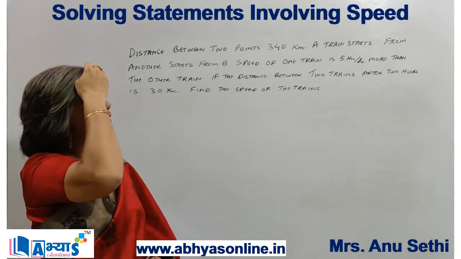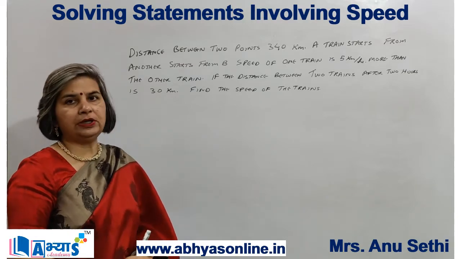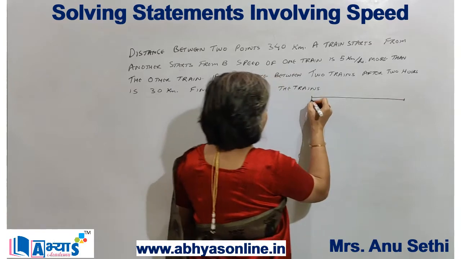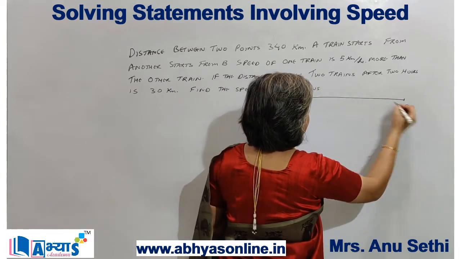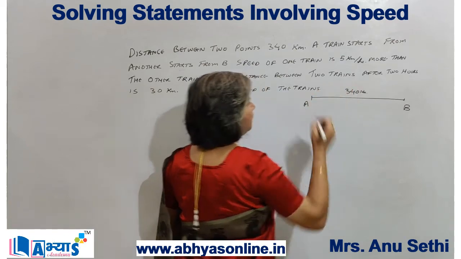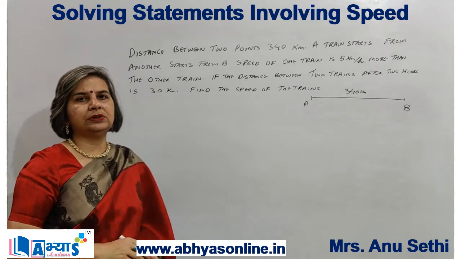That means we are given that the distance between the 2 points is 340 kilometers. That means one train is at point A, the other starts from B, and the total distance is 340 kilometers.